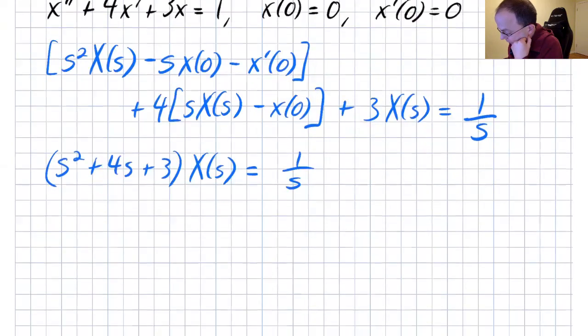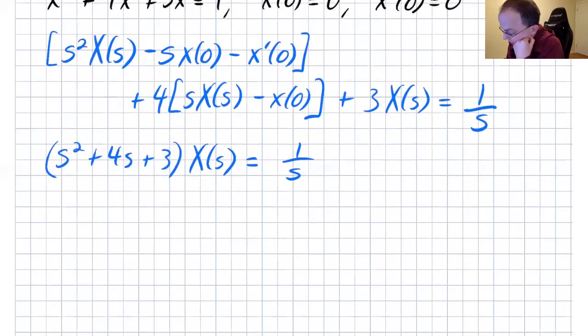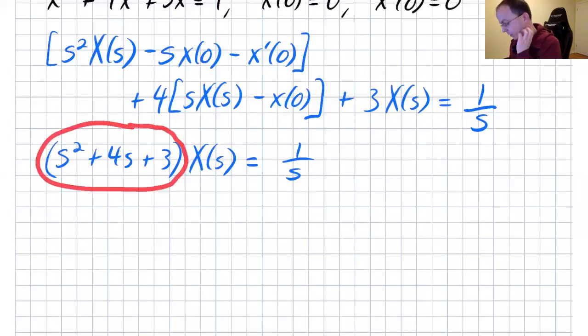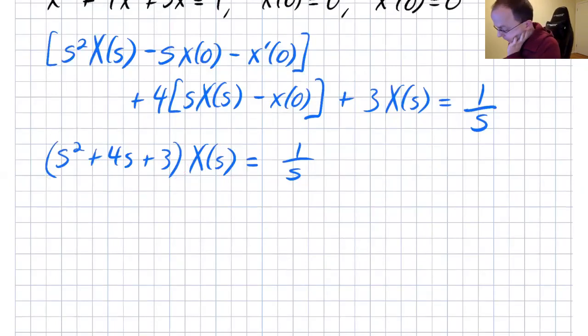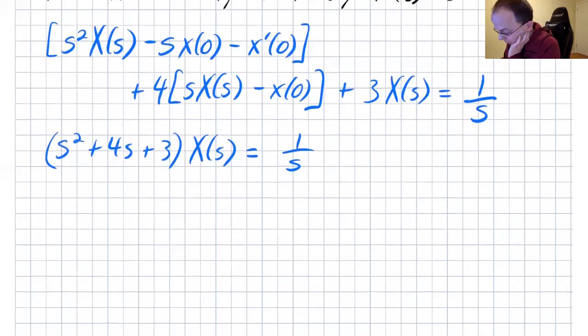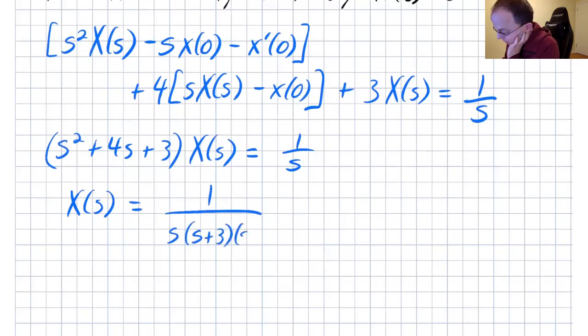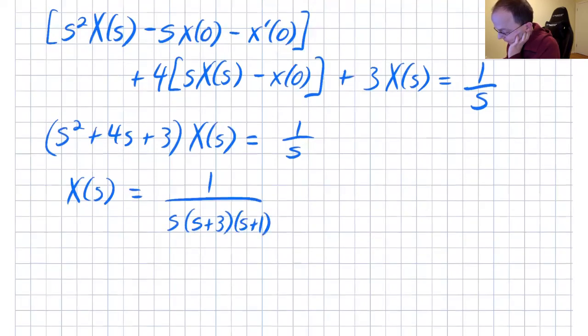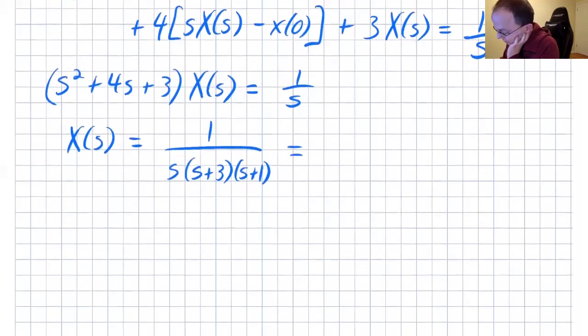Now we'll divide both sides by this, which you may recognize as the characteristic polynomial, which is always going to be the case. So we'll get 1 over s times (s plus 3) times (s plus 1). Okay, now we're going to do partial fractions.